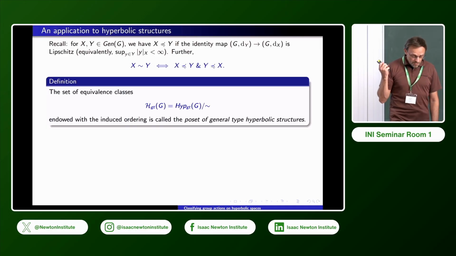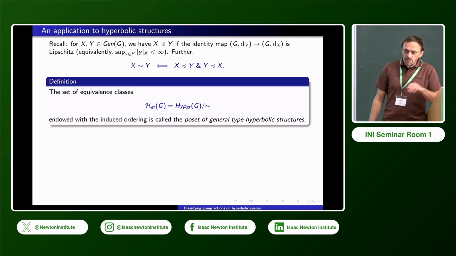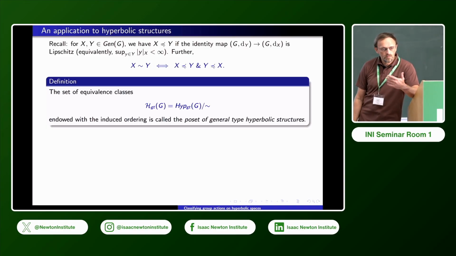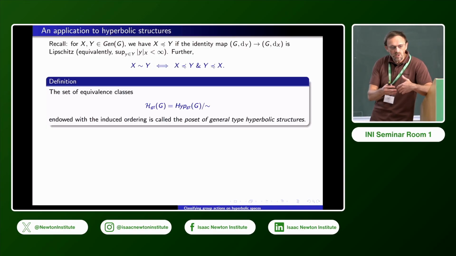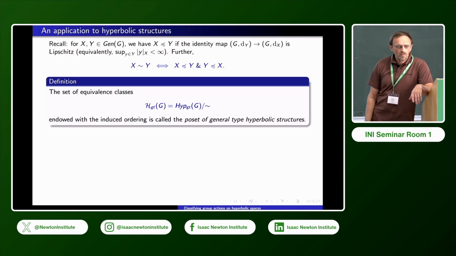Now, when we wrote our paper with Caroline and Sahana, we provided some examples of groups for which this set can be computed. Interestingly, in all examples in our paper, this poset is either very simple or very difficult to describe, kind of indescribable. And it turns out that this is not a mere coincidence.